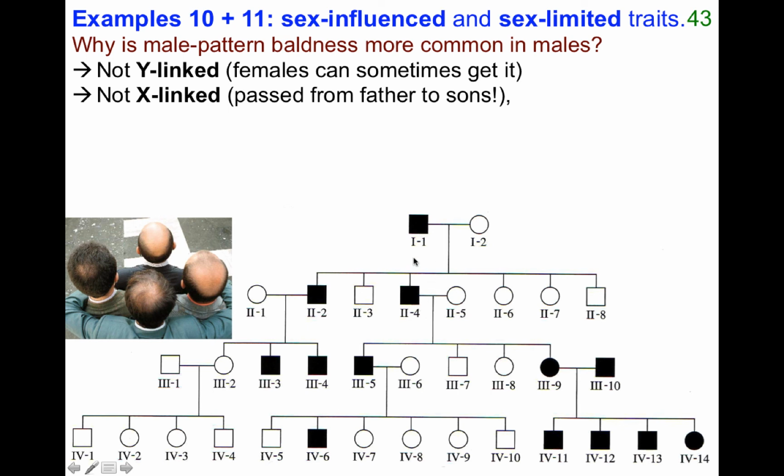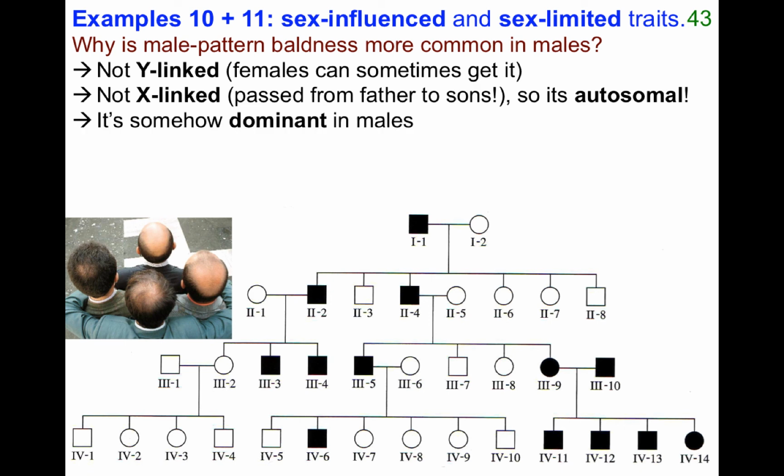That's not something you should be seeing so commonly for an X-linked gene, because normally the father would only pass the Y chromosome to his sons, and therefore what the dad has in terms of X-linked genes would never be passed on to the sons, but to the daughters instead. So it doesn't seem to be X-linked either. If it can't be Y-linked and it can't be X-linked, then it must be autosomal. But somehow it's more common in males.